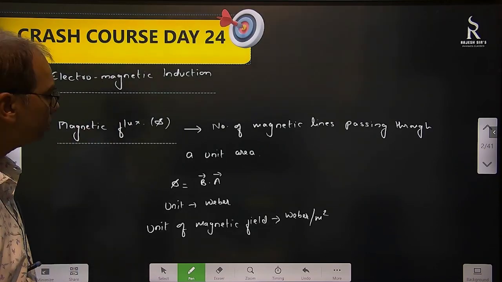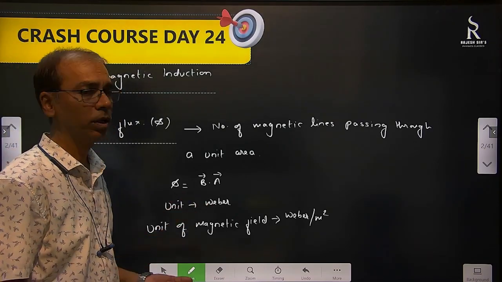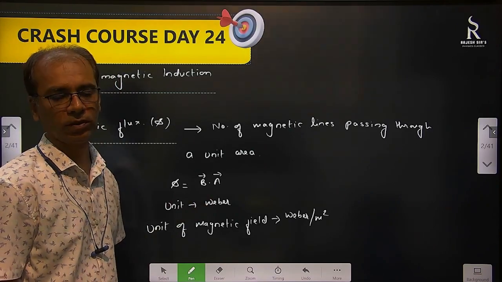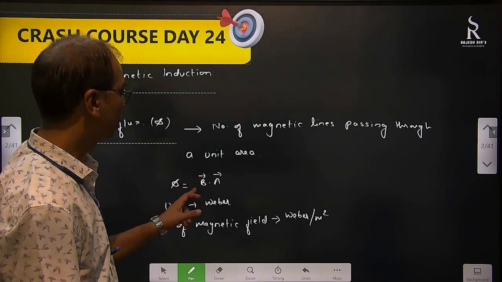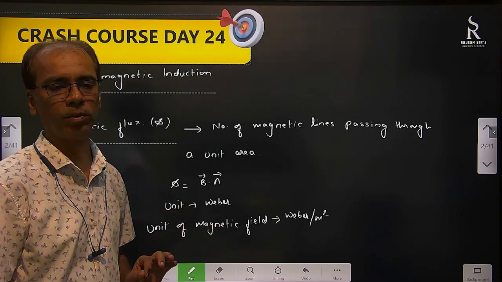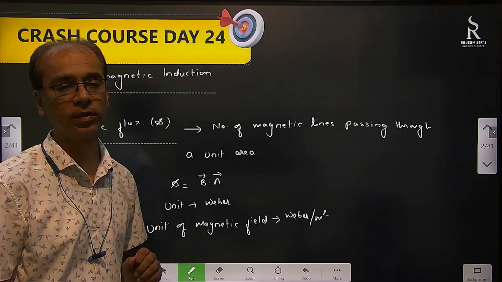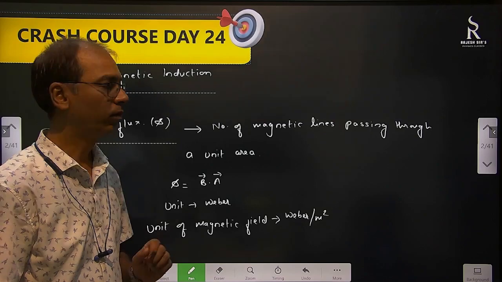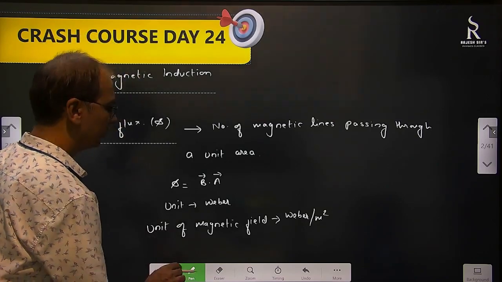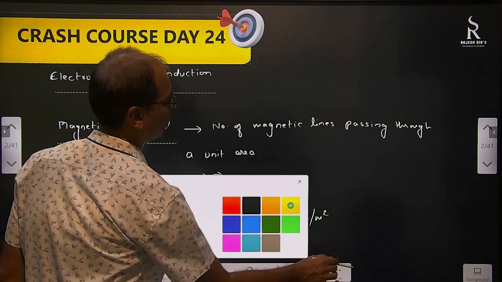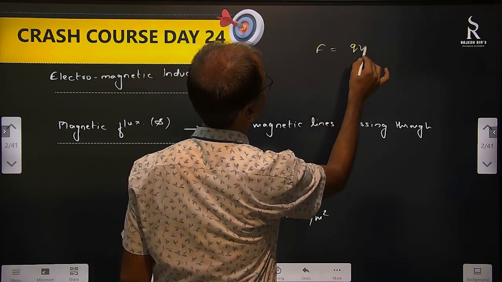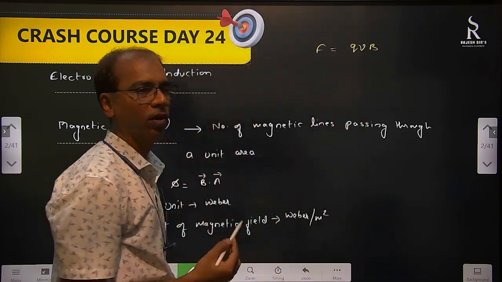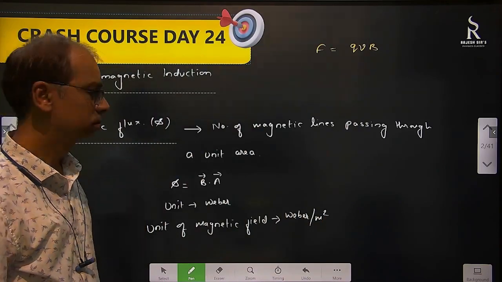Right. Then, do we want to know what its dimension is also? Yes, definitely we want to know what the dimensions of phi are. Okay. So, magnetic field and area vector. Area vector we don't have any problem. It's L square. What are the magnetic field's dimensions? From where did we find it? We found it from force. So, what formula did we see? F equal to QVB. Or you can have F equal to BIL also. Okay.